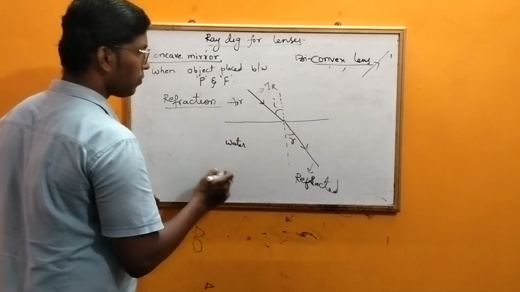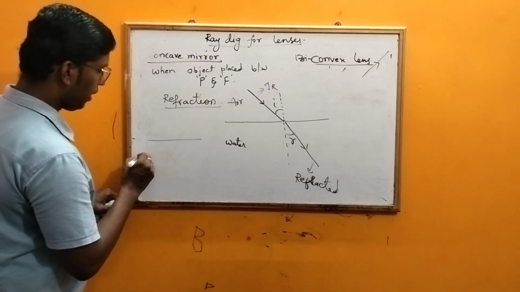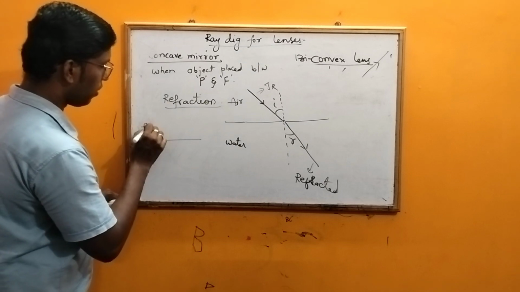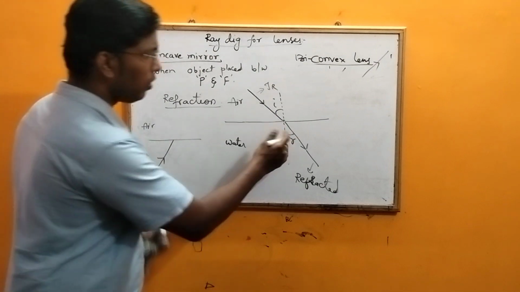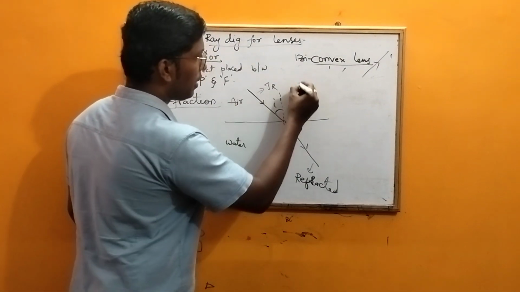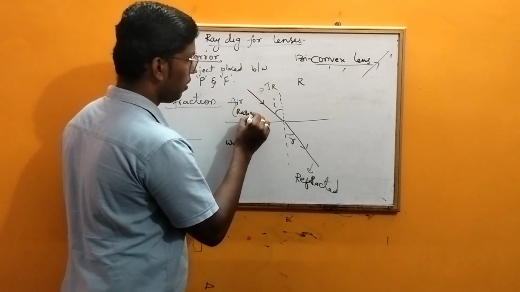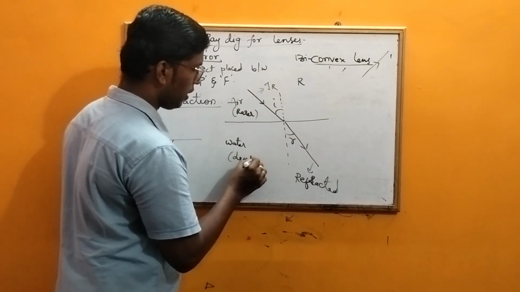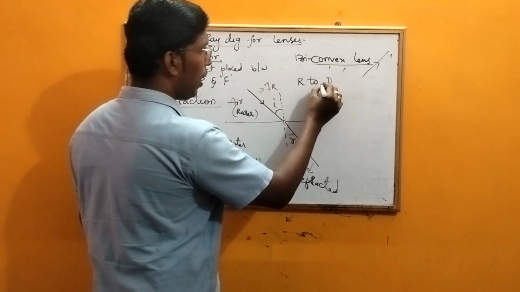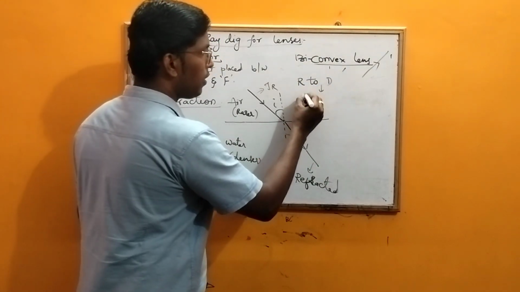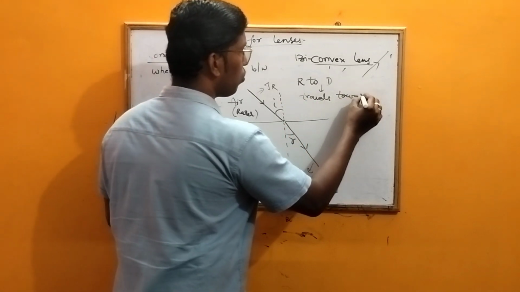Second case, suppose the light ray is passing from water to air. When a light ray travels from rarer medium, consider air as rarer and water as denser, so when a light ray travels from rarer to denser medium, after refraction, it travels towards the normal.